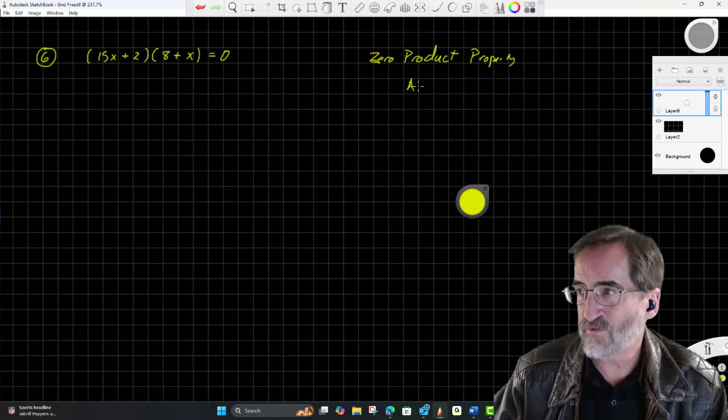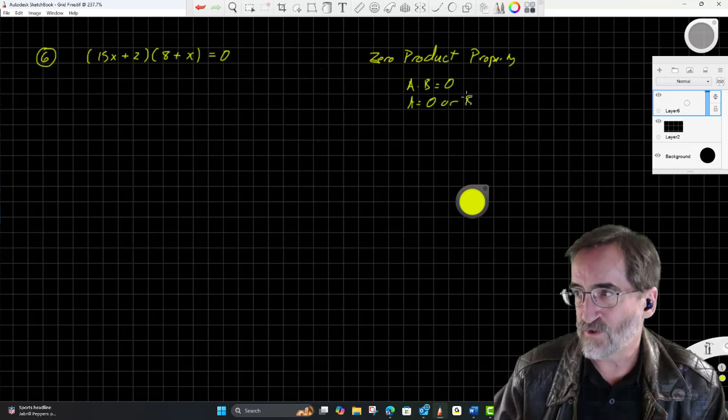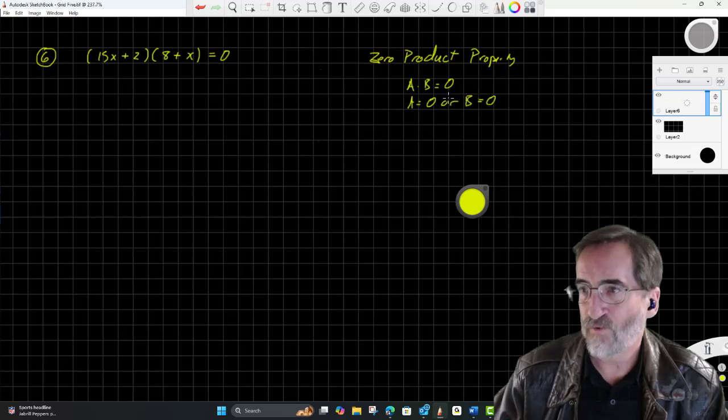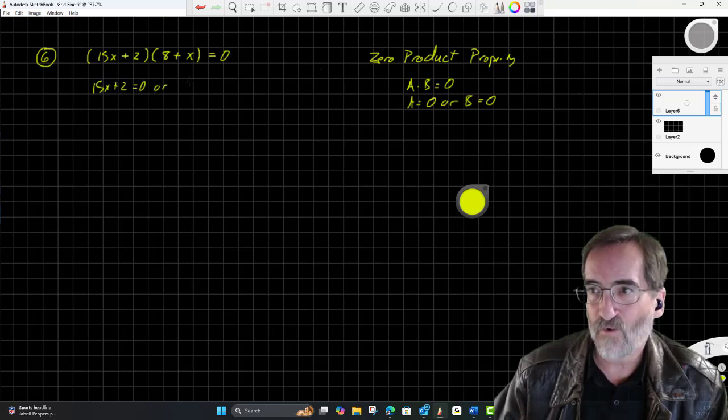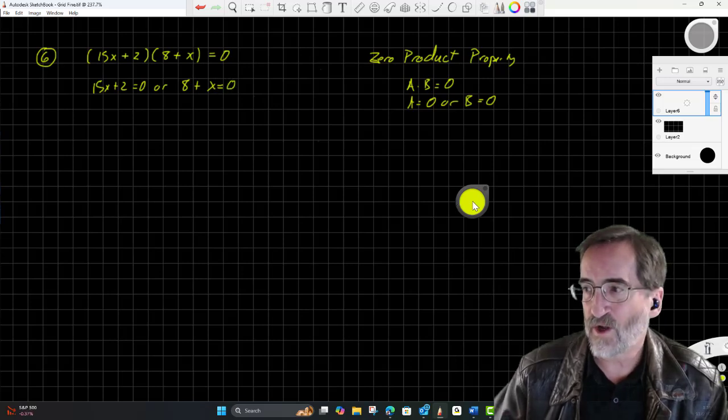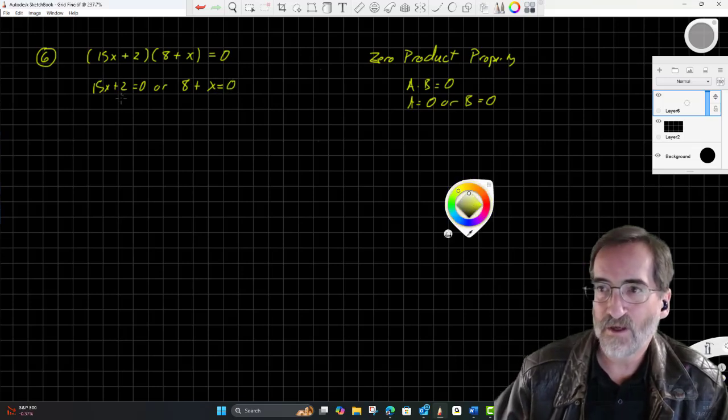If A times B is 0, that is only because either A equals 0 or B equals 0, or both. So we have this multiplied by this equals 0, so either 15x plus 2 equals 0, or 8 plus x equals 0. Solve both equations and you have your solution.